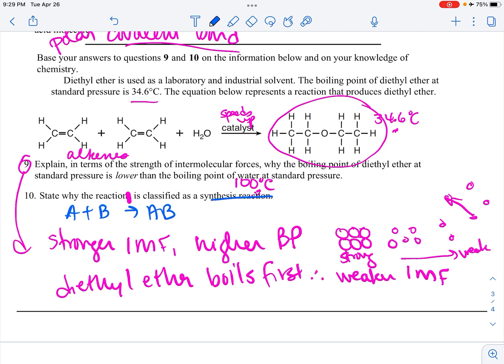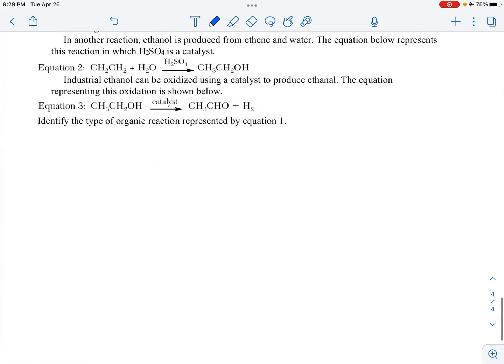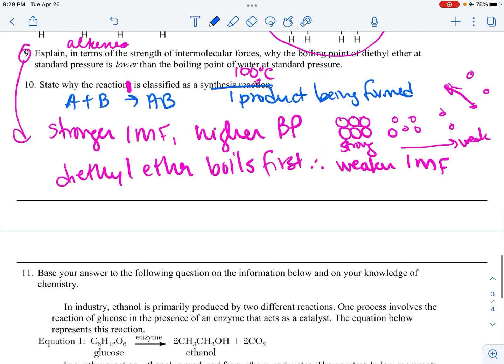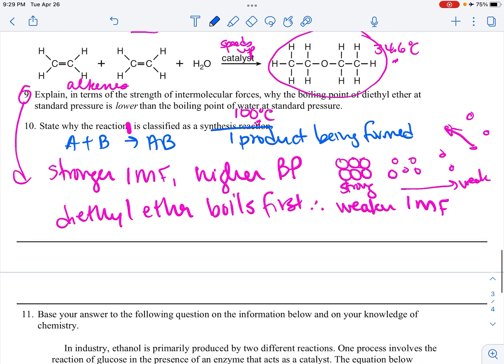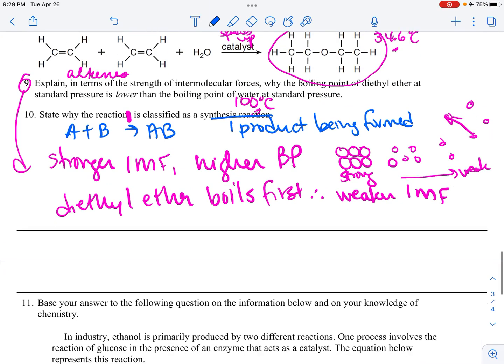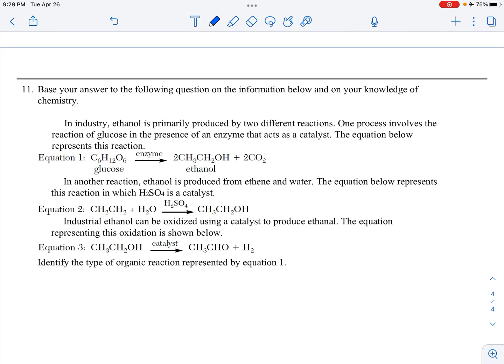So in a synthesis reaction, we have one product being formed. Why is it classified as this? In a synthesis reaction, one product is formed. Two reactants come together, or many reactants come together.